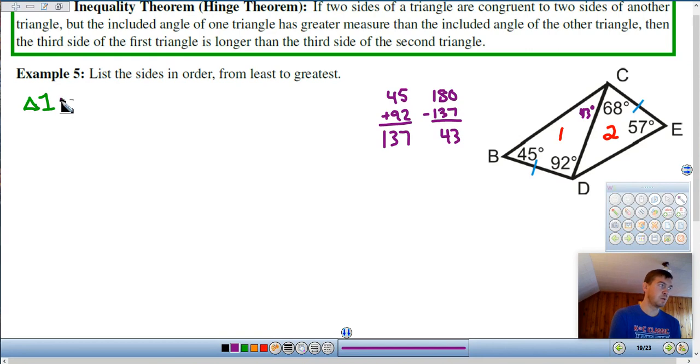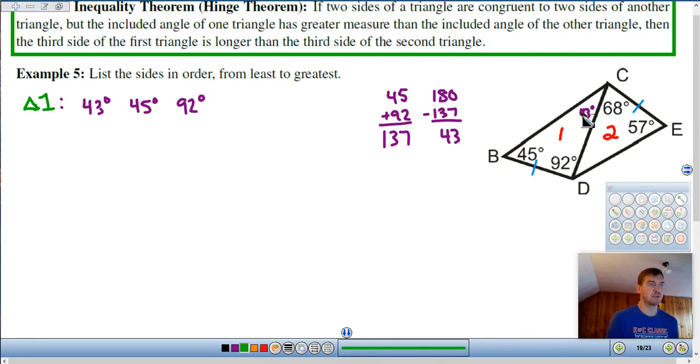So in triangle 1, we have these three angles: 43 degrees, 45 degrees, and 92 degrees. And I put those in order from smallest angle to largest angle, which means the sides across from those angles will be in the right order, least or shortest to longest.